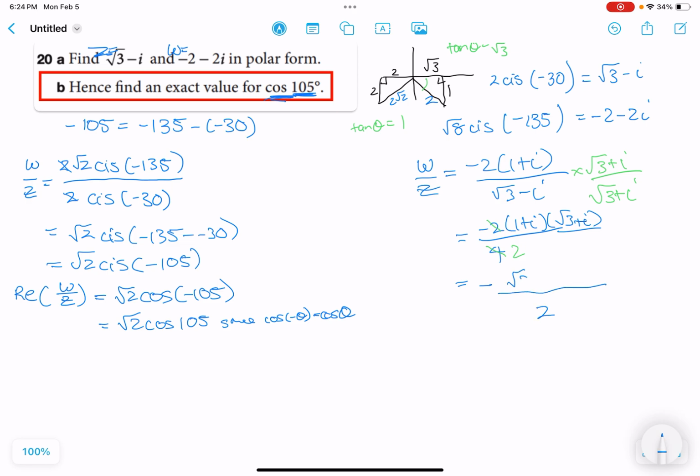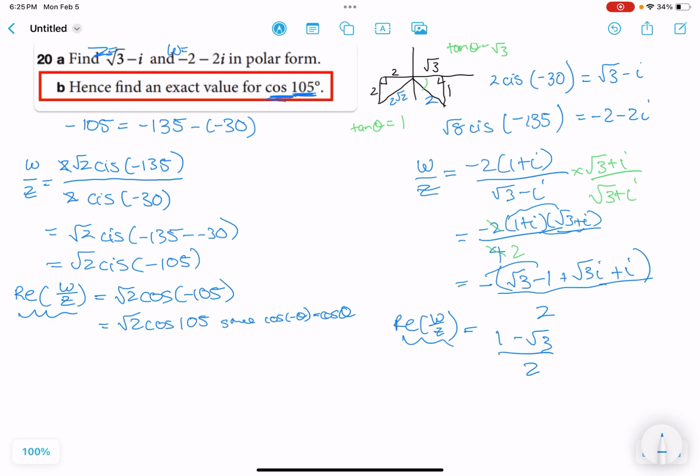I've got a root 3, and a negative 1, and then I've got a root 3 i, and I've also got an i. So I've got all of that. Again, if we just take the real part of W on Z, that's all I want, because that's what I had here. So just take the real part and you can see you're going to get negative 1, so positive 1, and negative root 3, on 2.